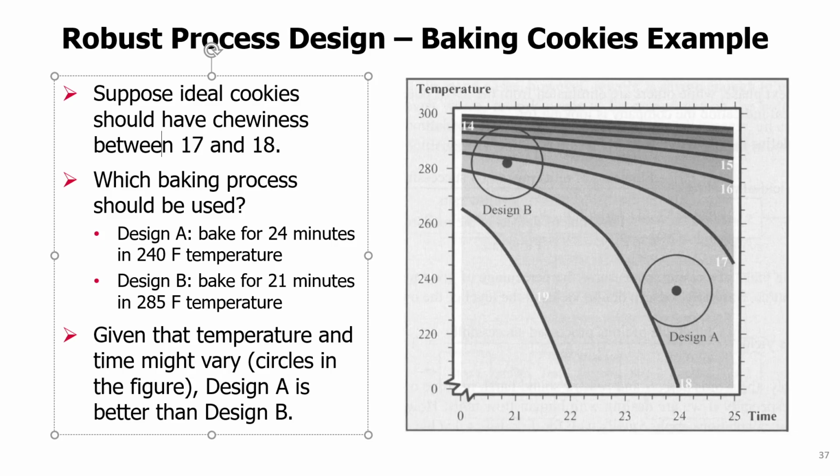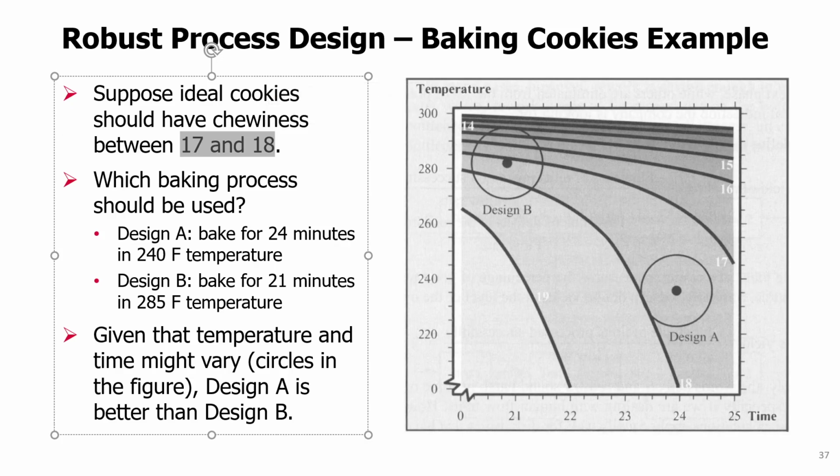Which baking process should we use? Imagine we have two designs. Design A, we bake for 24 minutes at 240 Fahrenheit. And design B, bake for a shorter time, 21 minutes, at a higher temperature, 285 Fahrenheit. Both of those can deliver the chewiness in that range.